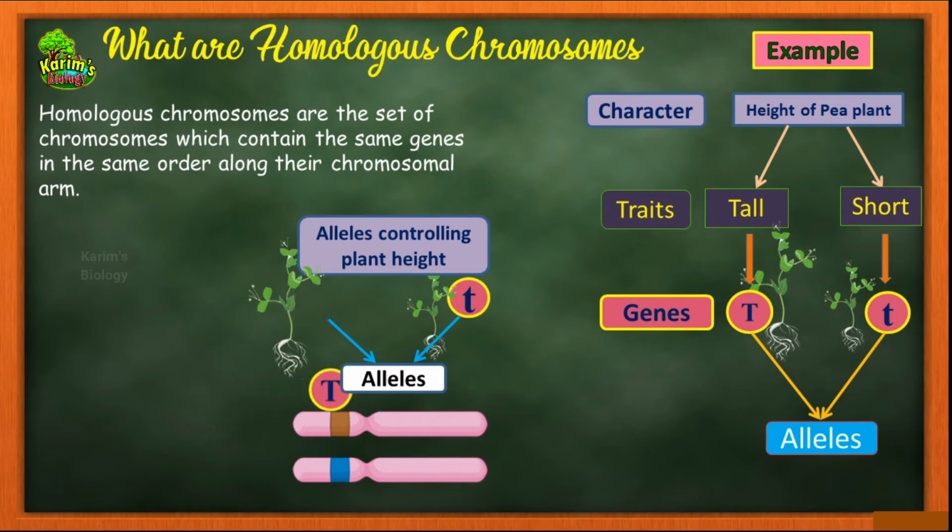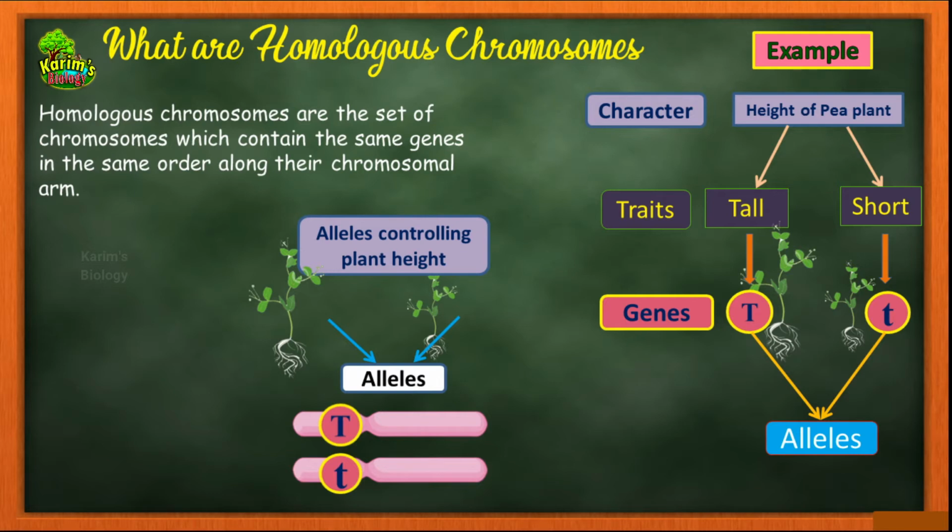In this case the capital T, which is able to give tallness to the plant, is located on this particular place of a chromosome, and small t, which is another version of the same gene, is present on the same place in another chromosome.